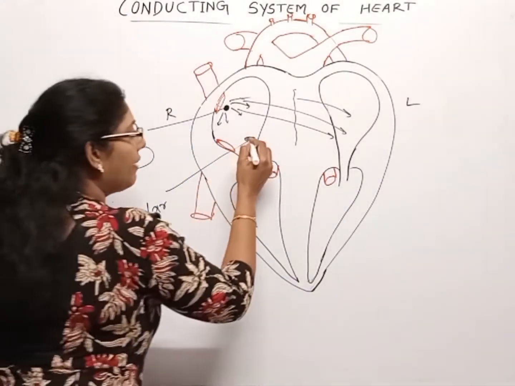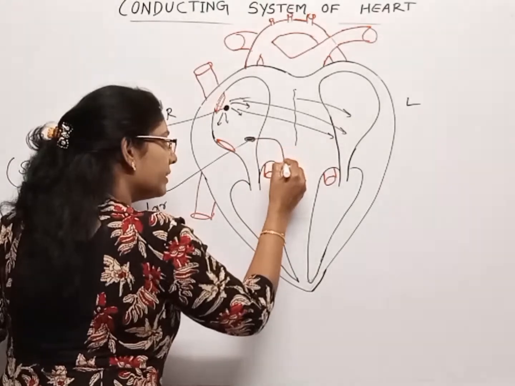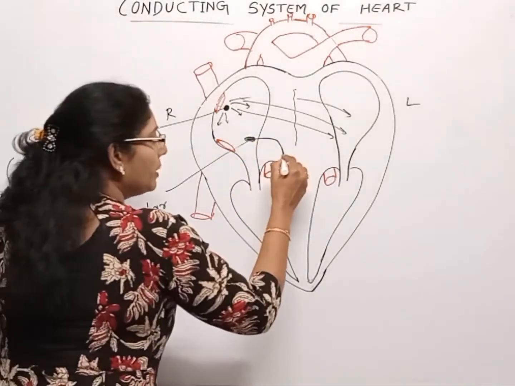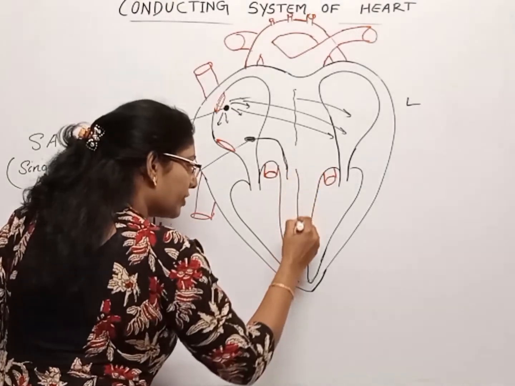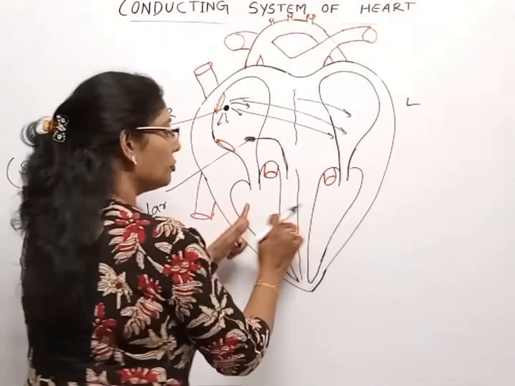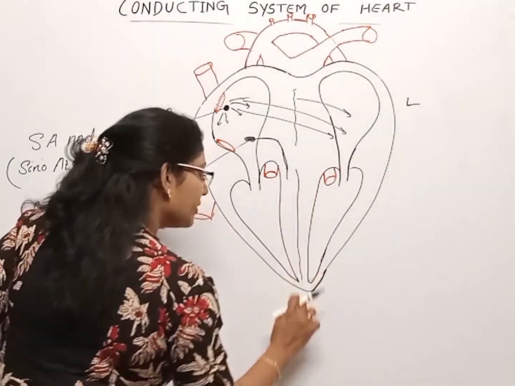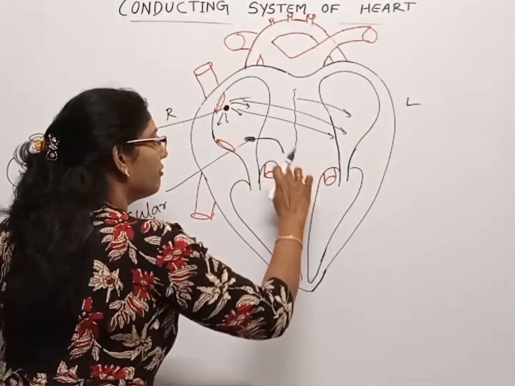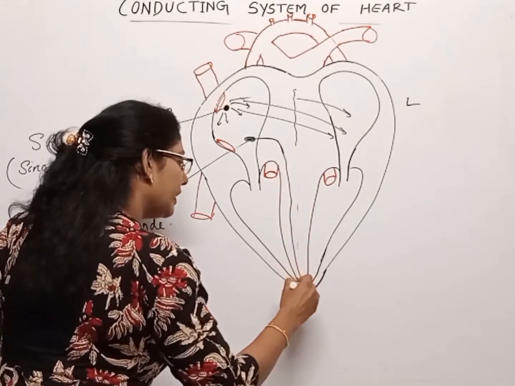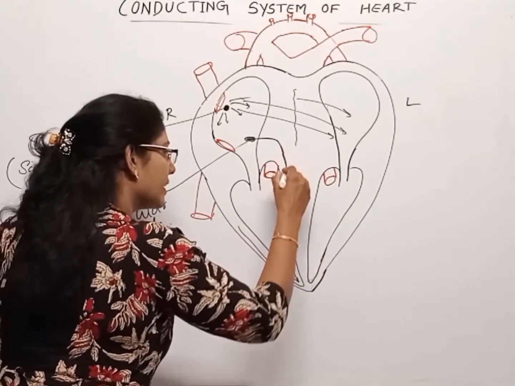Then from the AV node, one nodal fiber comes out. It will pass through the interventricular septum, which we studied, in between the two ventricles. Now it will divide into two branches, like this.